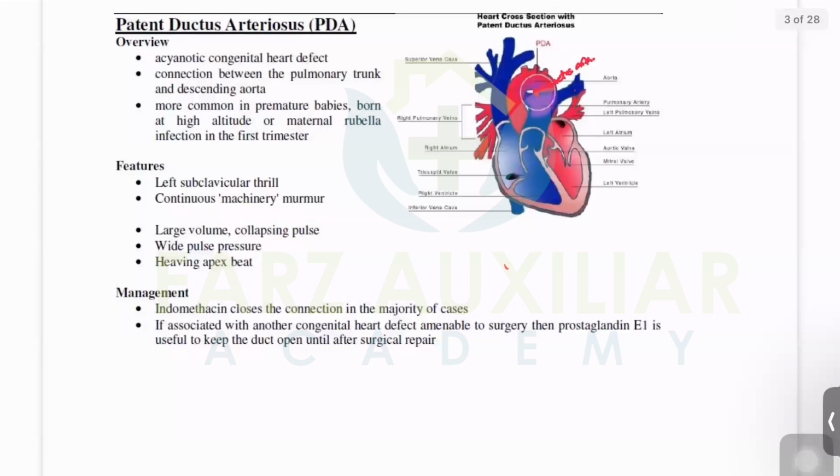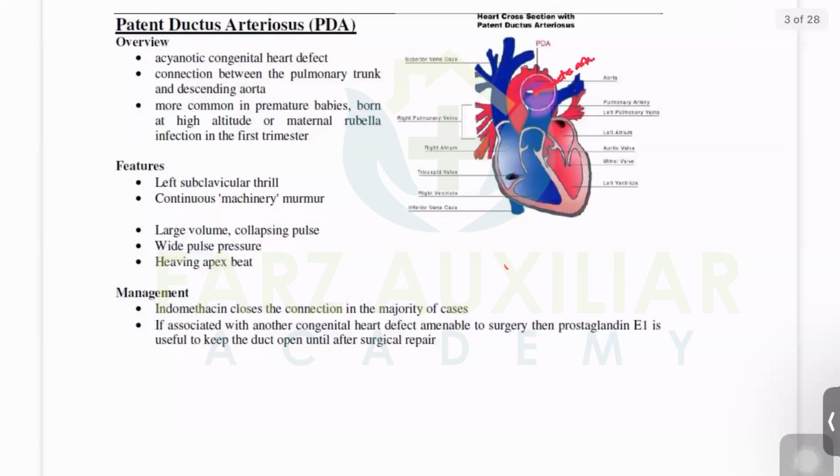If the PDA continues to be present, then the aortic pressures are higher than the pulmonary artery pressures, so some blood will be lost again into the pulmonary artery. That means the blood flow into the pulmonary artery increases, and the pulmonary artery is not meant for holding so much blood. It will eventually constrict, leading to pulmonary hypertension, plethora of the lungs, recurrent chest infections, and pulmonary edema as well.